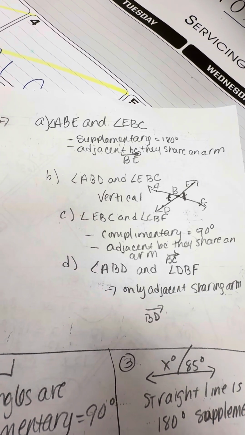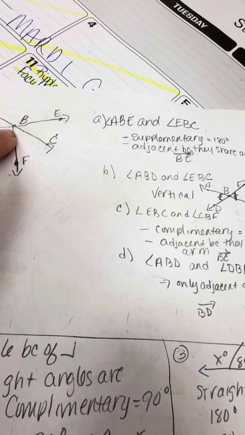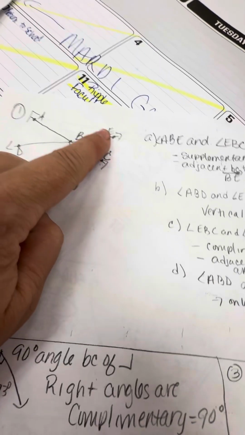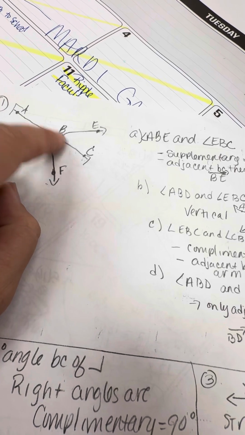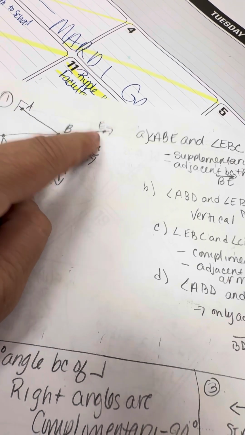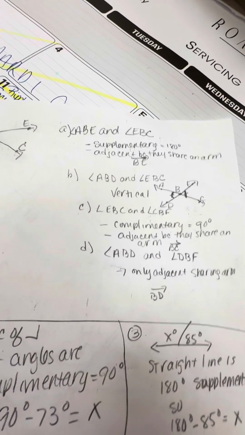On that paper, that created a complementary angle, which is 90, and they're adjacent. They're next to each other, and they share an arm, BC. BC makes this angle, and BC makes this angle, so they're adjacent and 90 degree or complementary.